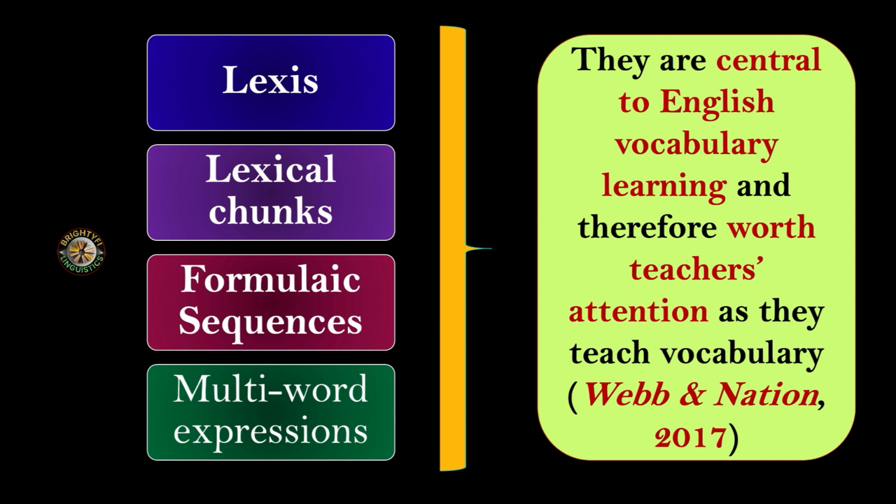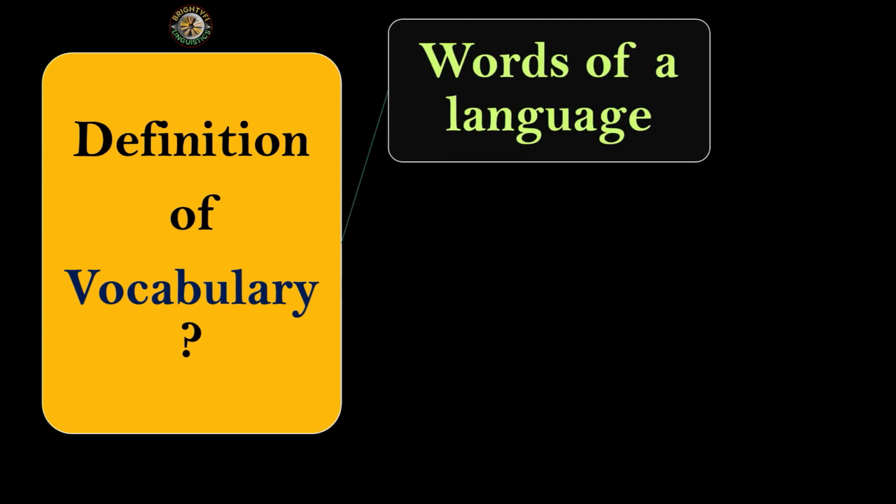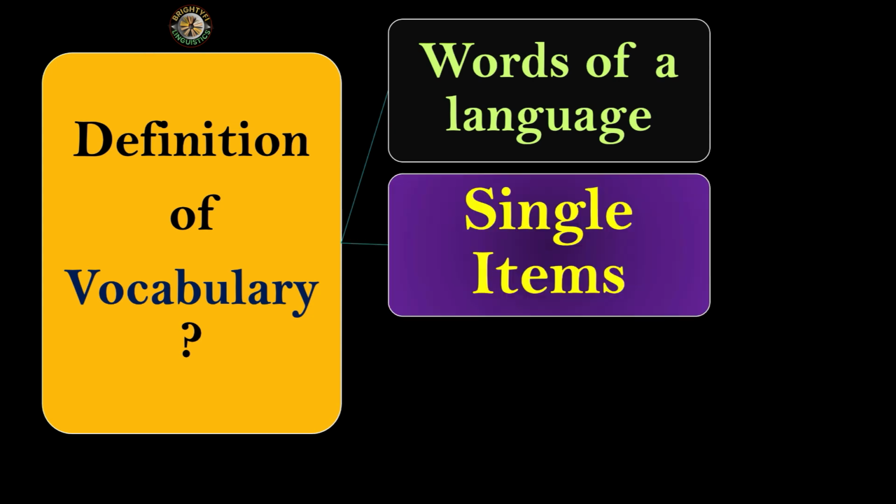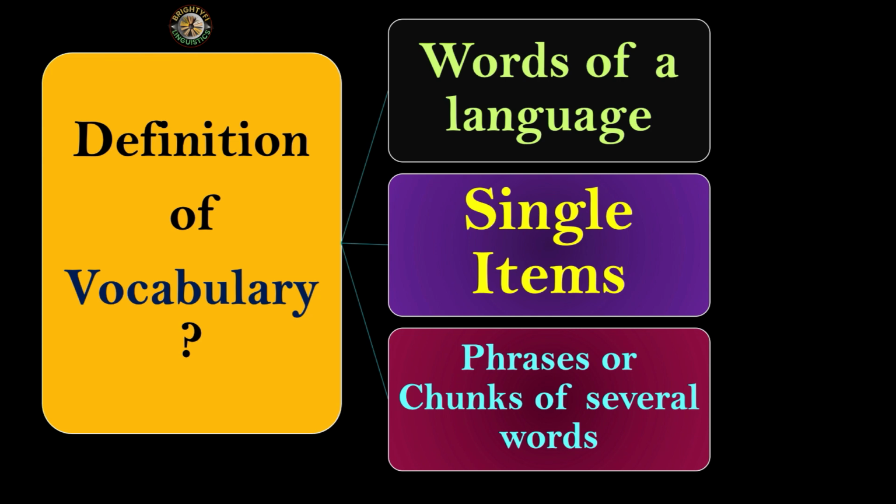So what we come to know about the definition of vocabulary is that it consists of words in a language, that is to say, words of a language. They can be referred to as single items, like single words, and we have a number of single words that we memorize in our day-to-day activities. But vocabulary also includes phrases or chunks of several words, like the ones we have just talked about.